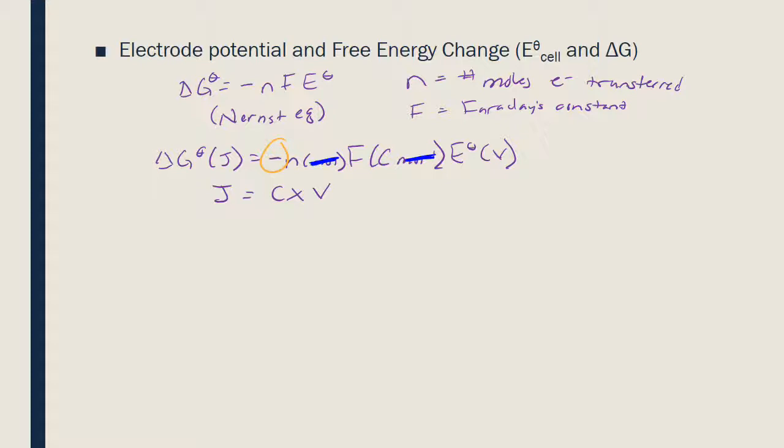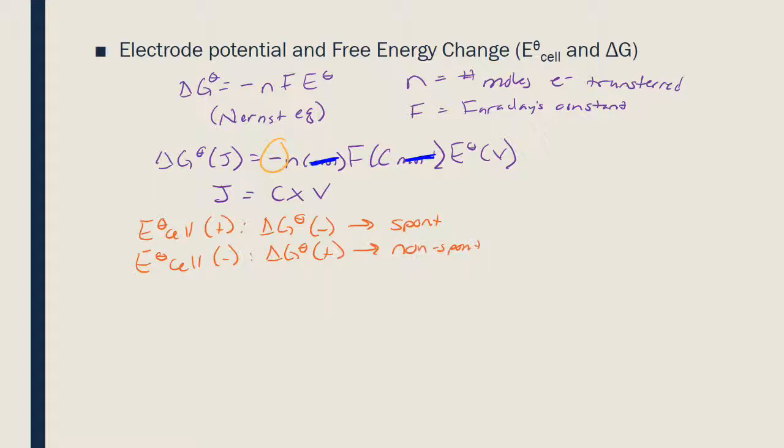So that means that if your E theta cell is positive, your delta G for that reaction is going to be negative. And that is why you have a spontaneous reaction. If your E theta cell is negative, your delta G for that reaction is going to be positive. And that shows you why it is a non-spontaneous reaction, as we saw in the previous example.